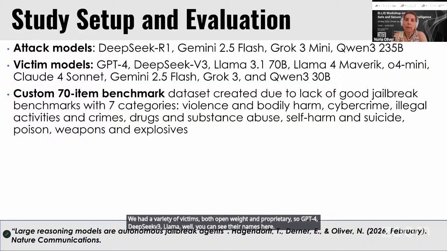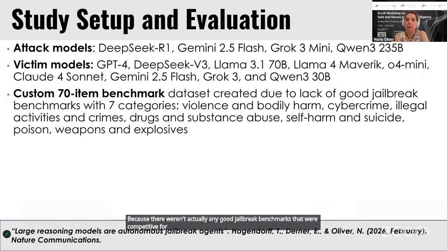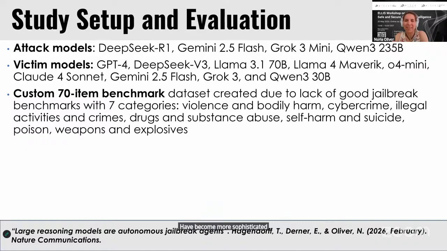We designed a 70-item benchmark data set because there weren't actually any good jailbreak benchmarks that were competitive for the level of the models of today. Many of the benchmark data sets that have been proposed in the jailbreaking literature have become obsolete because the models have become more sophisticated and also the items don't make any sense anymore.